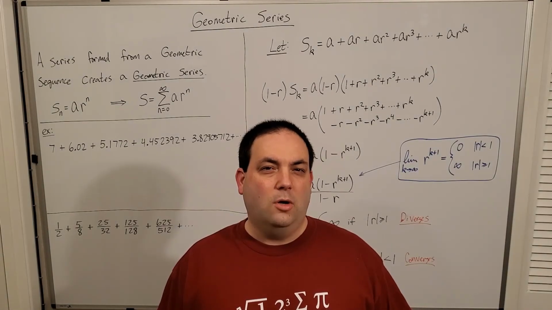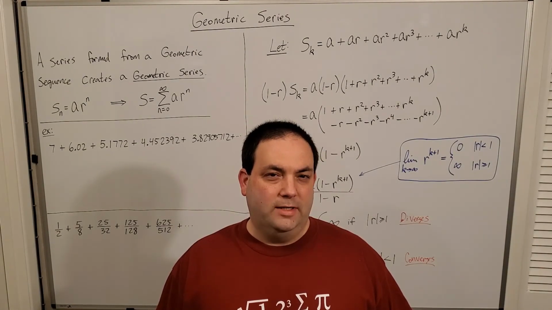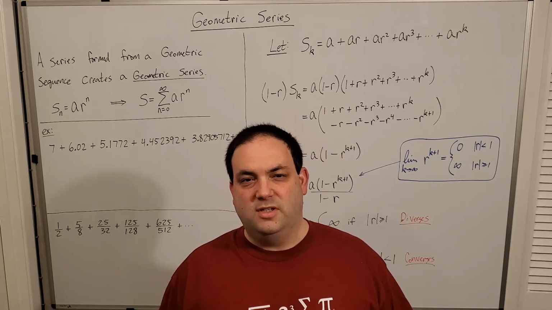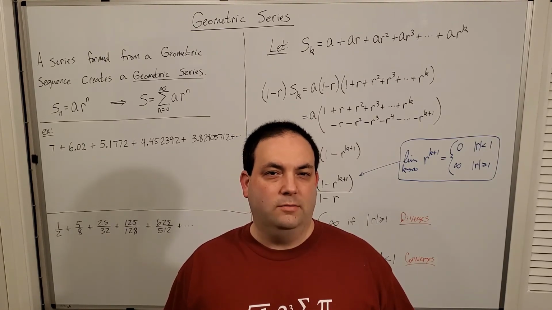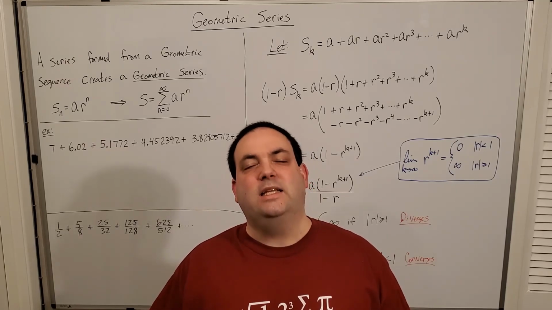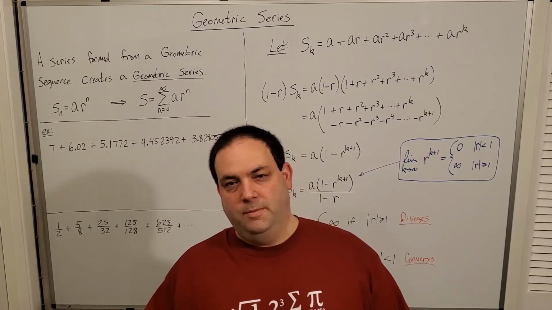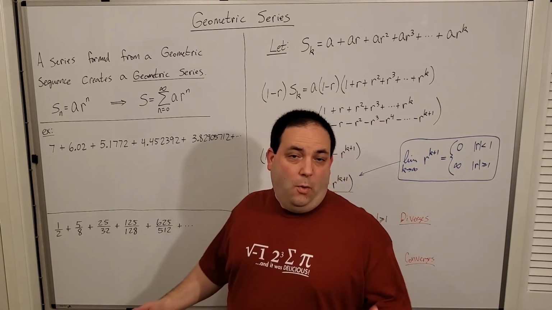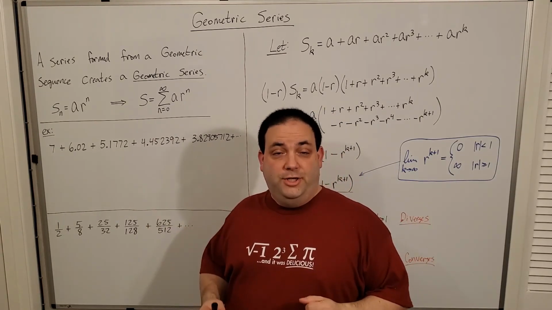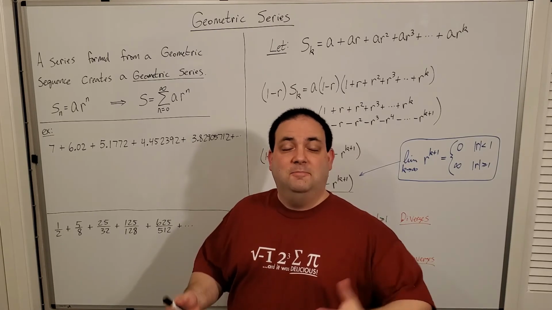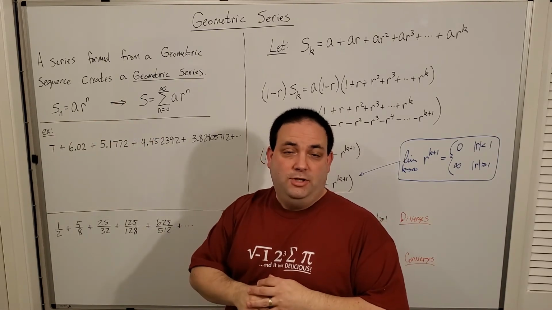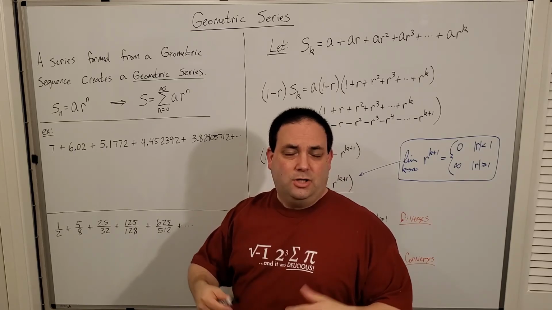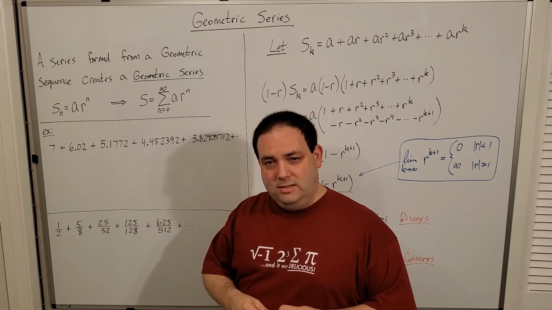Next, we need to talk about geometric series. This is another special series that comes up quite often and has a nice, elegant solution to it. A geometric series is formed from a geometric sequence. We talked about geometric sequences a couple of lectures ago when we were talking about sequences.